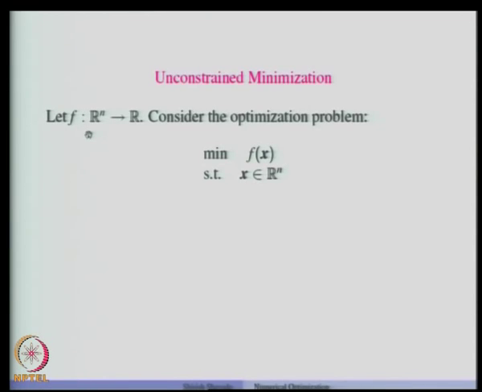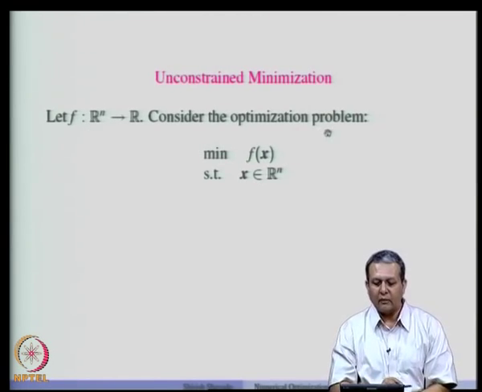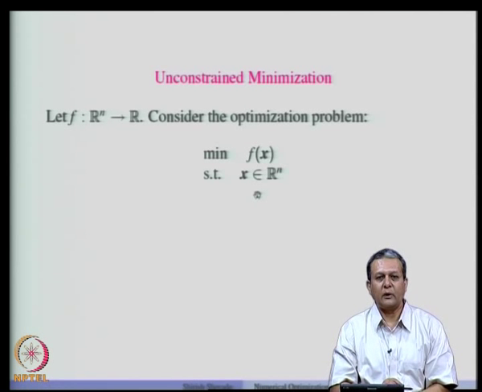So, let us consider an unconstrained minimization problem. Let us define f from Rn to R and consider the optimization problem: minimize f(x) subject to x belongs to Rn. This is an unconstrained minimization problem, because x takes its value from the whole space.